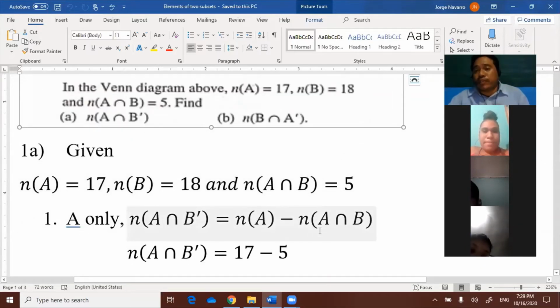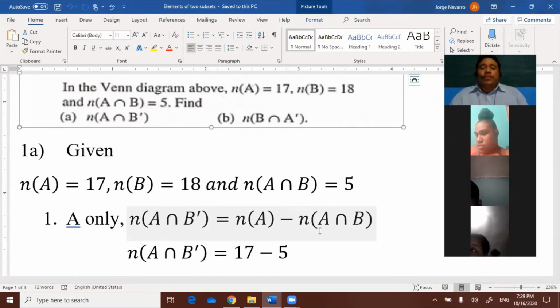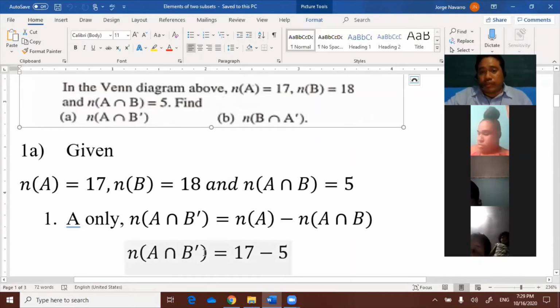So one of the first things we need to do is learn the formula. If we don't learn the formula, this is going to continuously be a problem. All right? So we continue. The number of A intersect B complement, which we call A only, is equal to, what's the number in A? If you notice this line, the number in A is 17.